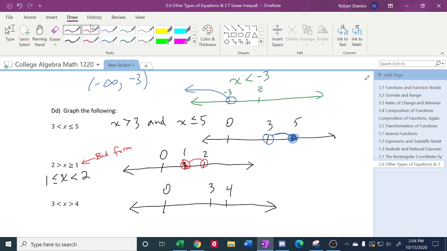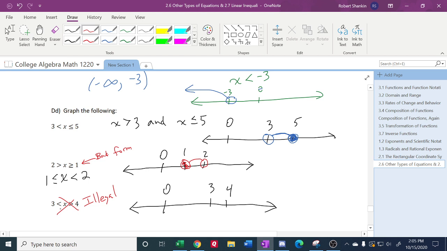This is illegal. We don't allow this. The only time we allow double inequalities is when they're both pointing in the same direction. And in final format, for an answer, they have to be pointing to the left.